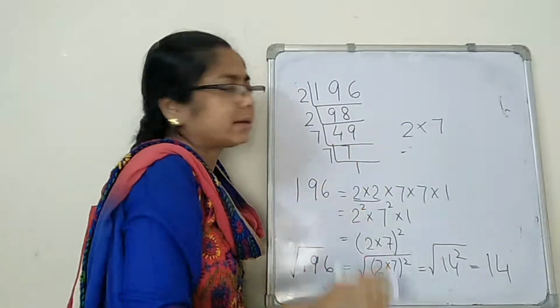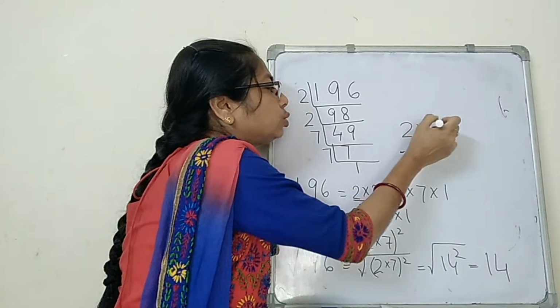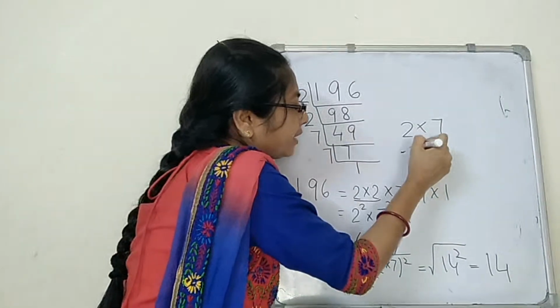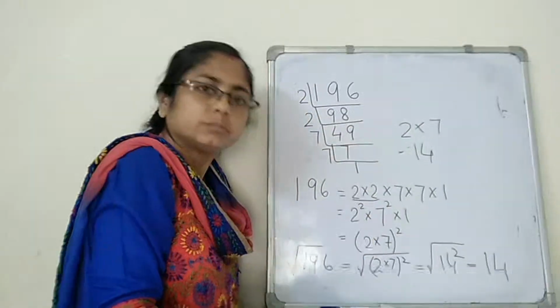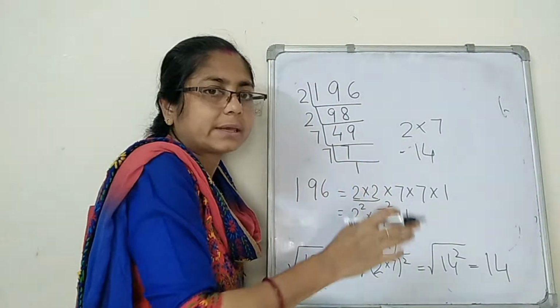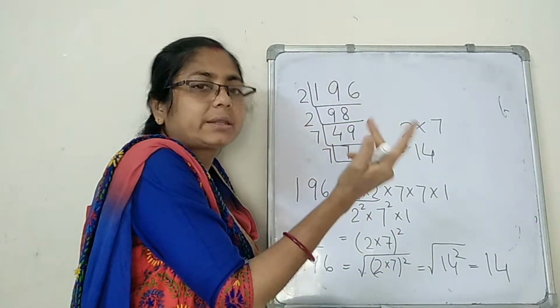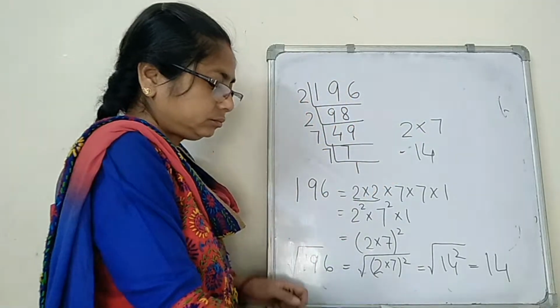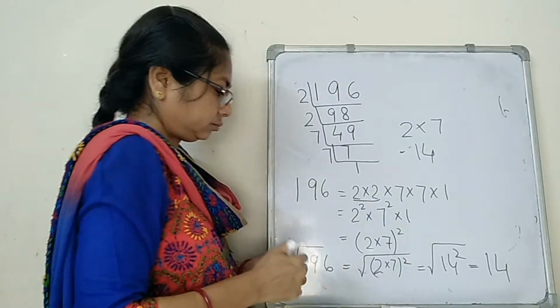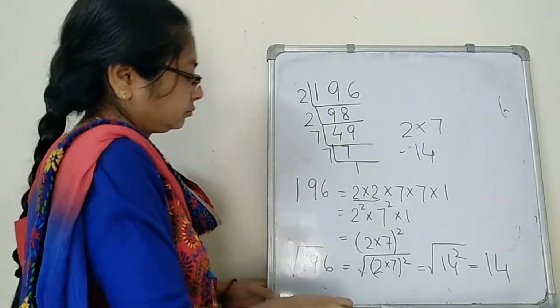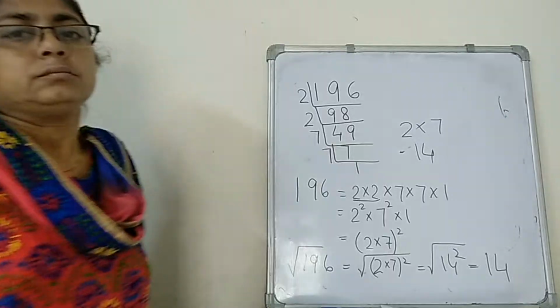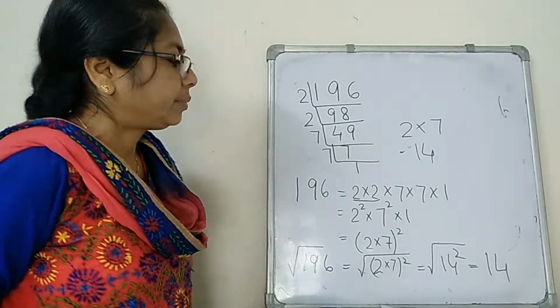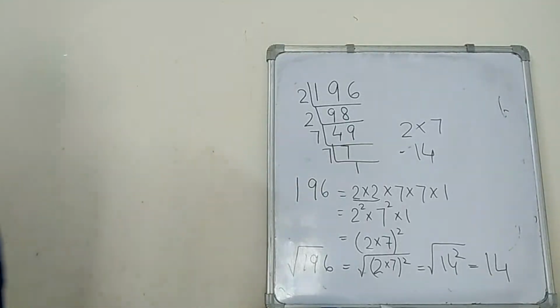And 1 is negligible, so your answer 2 into 7 is 14. Okay? Don't miss it. When 2 times coming, then you take 1 time. Clear? I'm waiting. Please complete the maths.